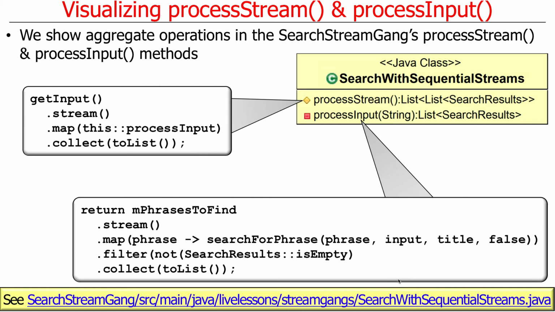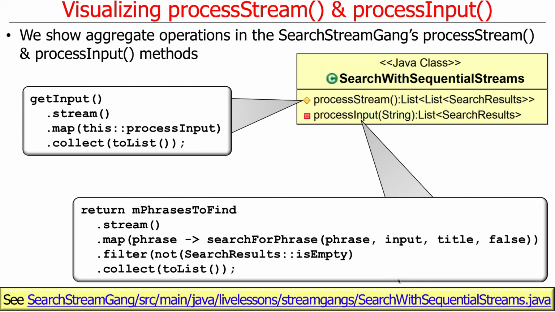That's what processStream does. processInput, which as you can see is called from processStream, goes ahead and takes each phrase to find. So remember, we might have some 38 or so works of Shakespeare, and we might have dozens of phrases we want to search for.